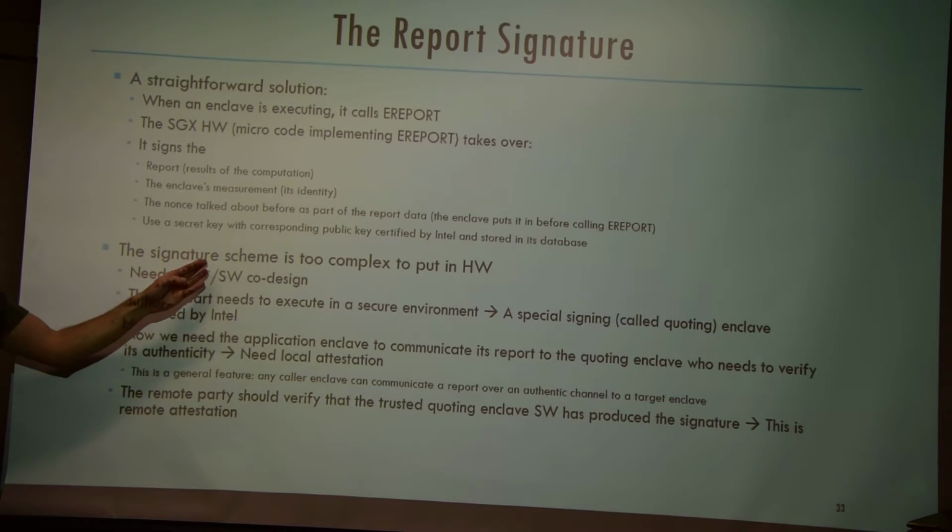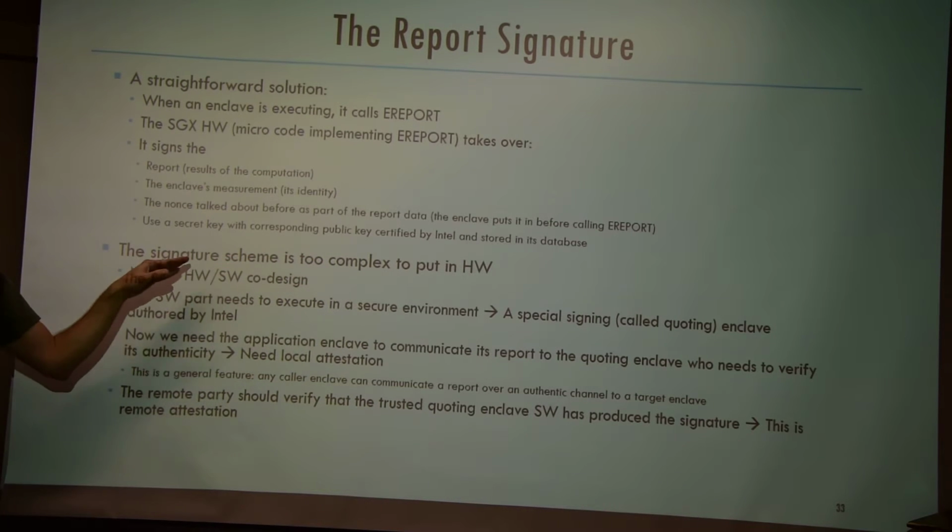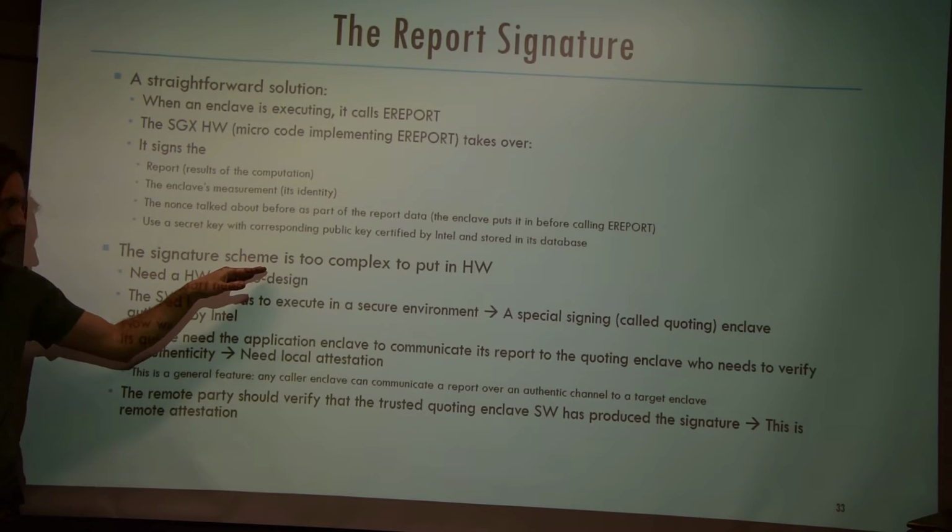Because the signature scheme is too complex. When we talked on Monday, the signature scheme that Intel proposes is one that also has a few nice properties. You can renew attestation keys, and then you have unlinkability and some anonymity, so there are some really nice other features that Intel has included, but the signature scheme is simply too complex.